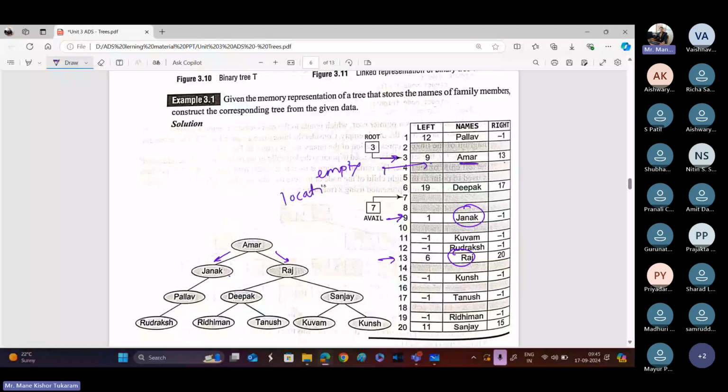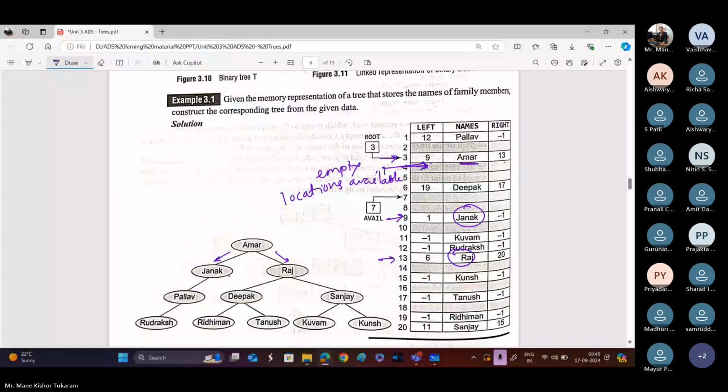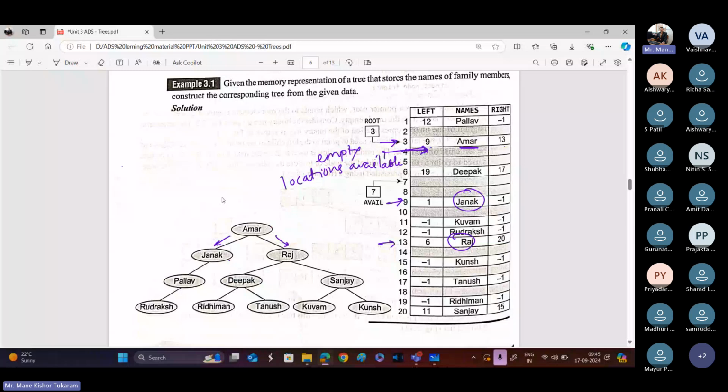The locations which are not filled are called empty locations. In this way, we can represent a binary tree in the linked list format.